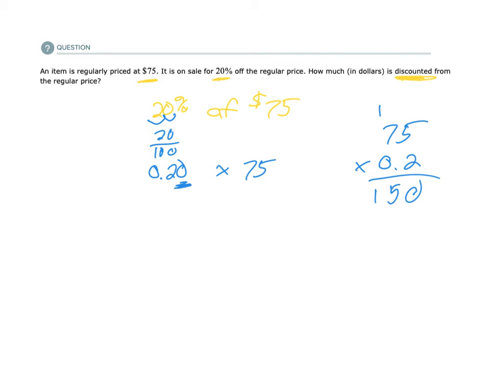So it's 150. And then I'm going to move the decimal over 1 spot total in both factors. So I'm moving it over 1, so my answer is $15. I don't have to put 0.00. When we write money, we usually don't write it as tenths, we write it as hundredths, but $15. Okay, so does it make sense that you have a $15 coupon or a $15 sale on something that's $75? Yeah.